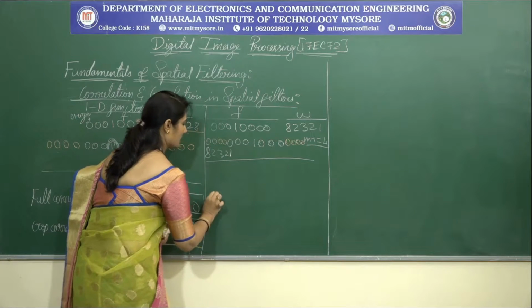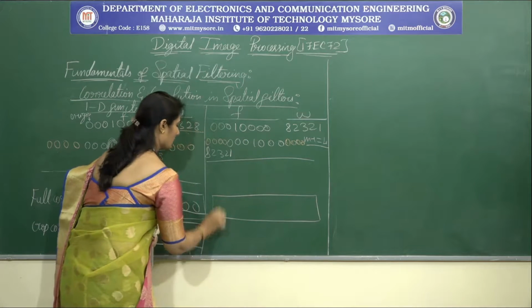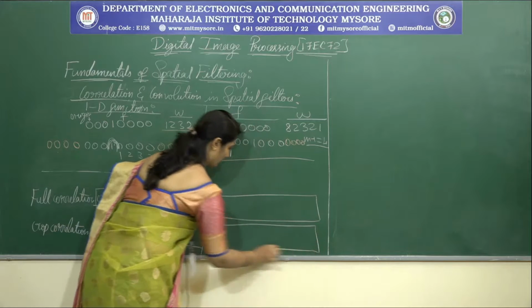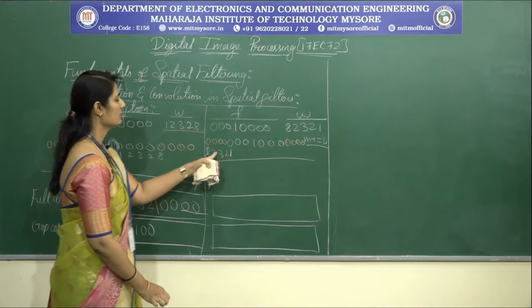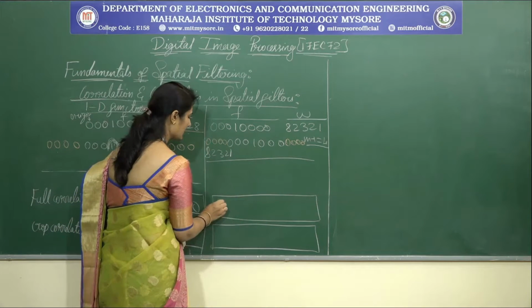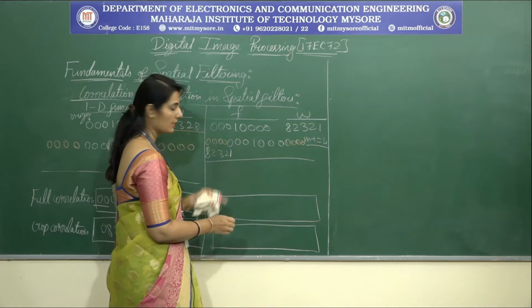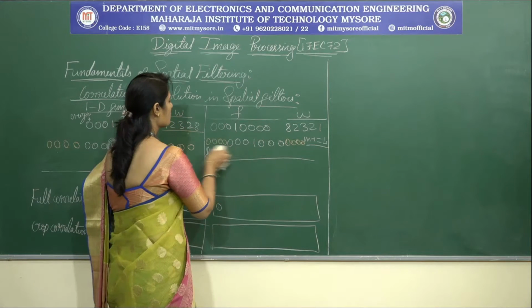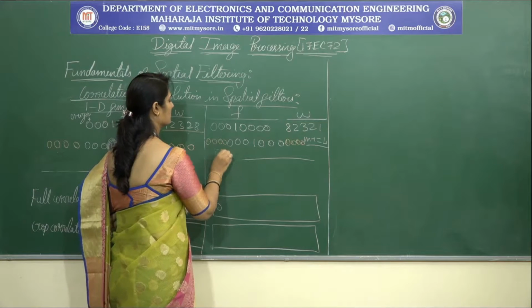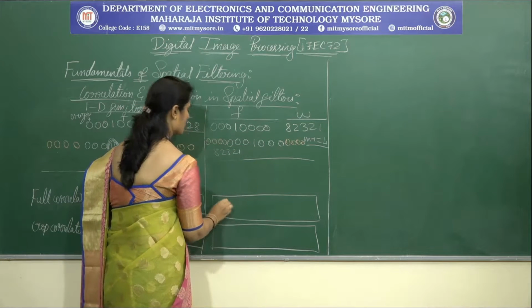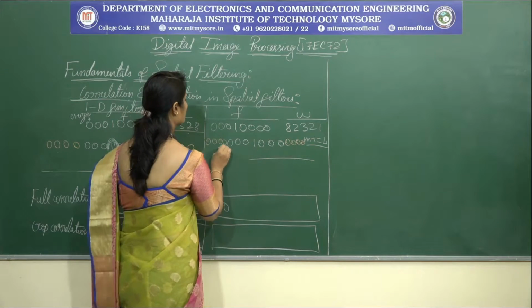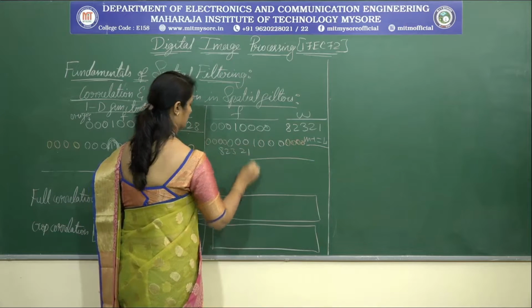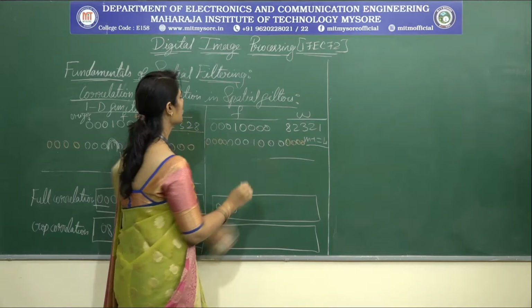So this results with, this is the full correlation result, this is the crop correlation result. So here, in this case, the sum of products of these two is 0. Again shifting it one bit. So 0. Again shifting it one bit. 0. Again shifting it one bit.